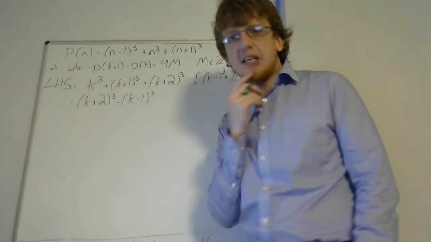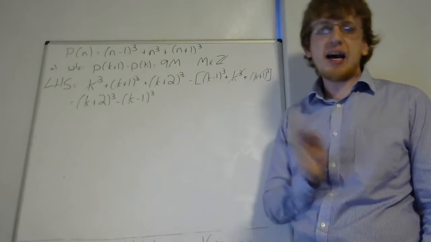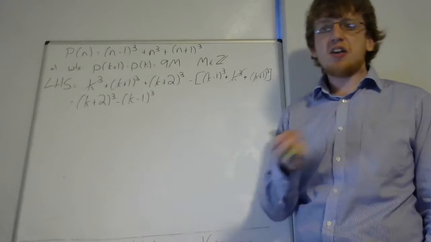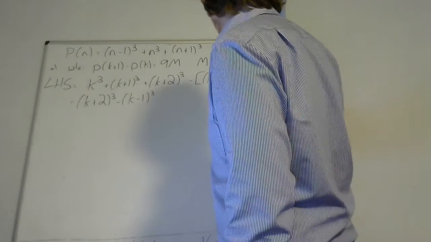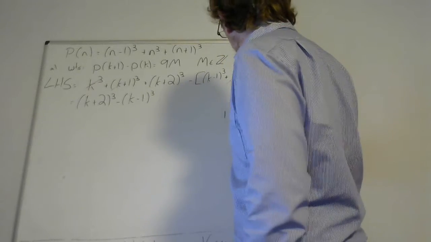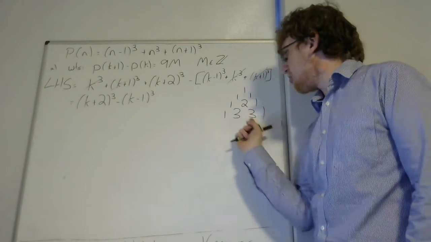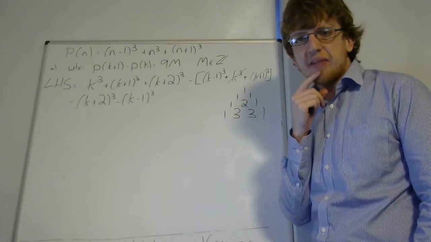Now what's going to help me expand cubed brackets quickly is remembering the pattern of the binomial expansion, and all the coefficients come from Pascal's triangle. So if I just write that down now: 1, 1, 1, 1, 2, 1, and then the third line, it really is the fourth line, but the third line, 1, 3, 3, 1. So that's what our coefficients are going to be when we expand this binomially.